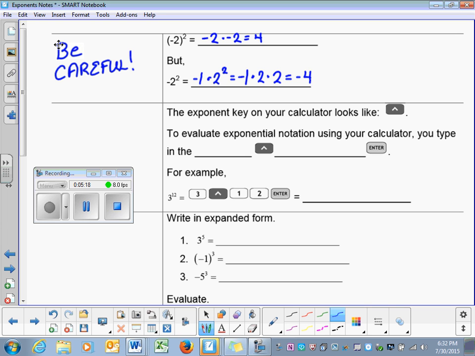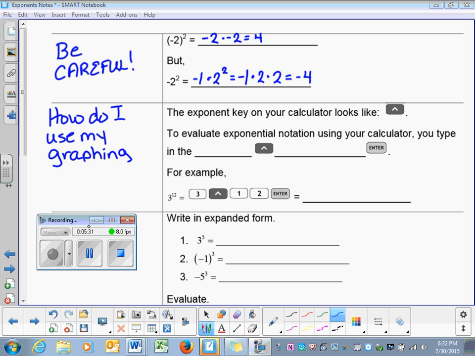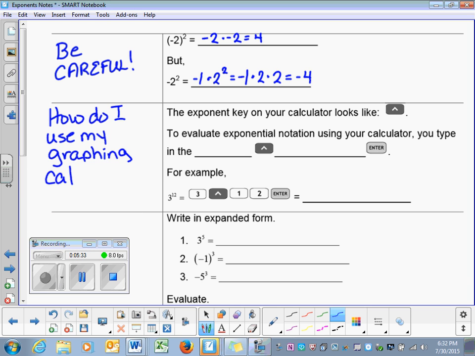So, using my graphing calculator, how do I use exponents? Now, the exponent key on your graphing calculator looks like a caret, and that's what it's called in English.